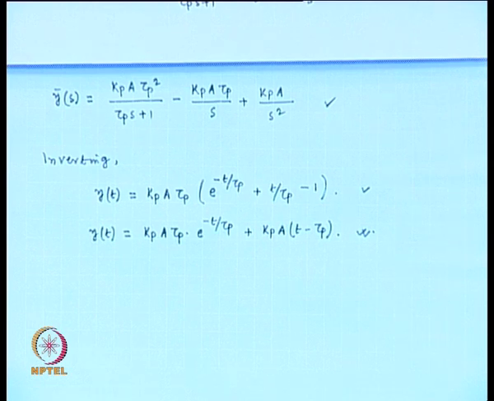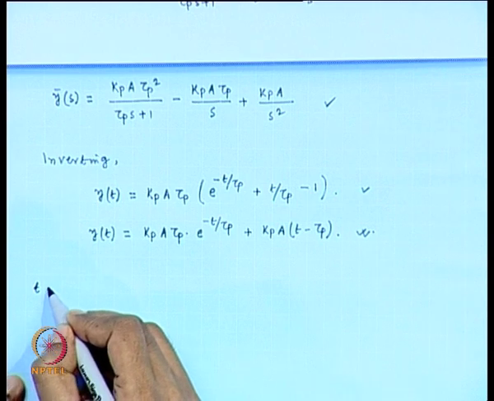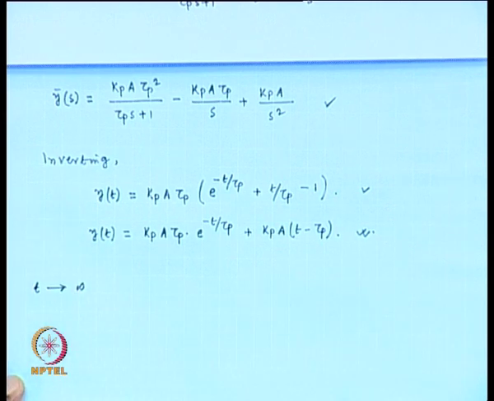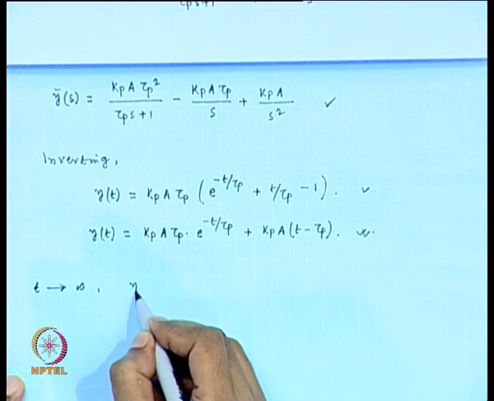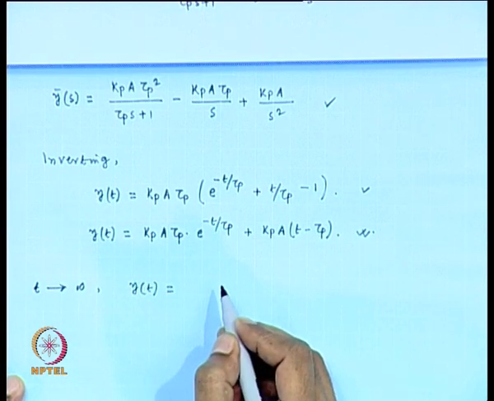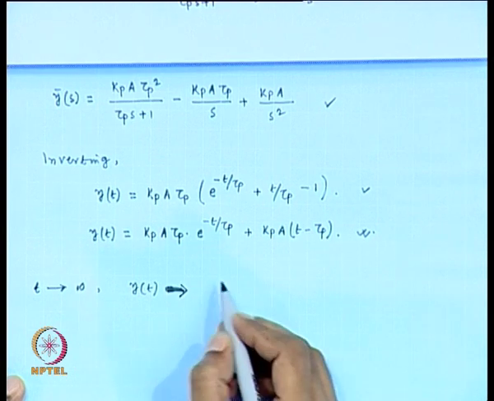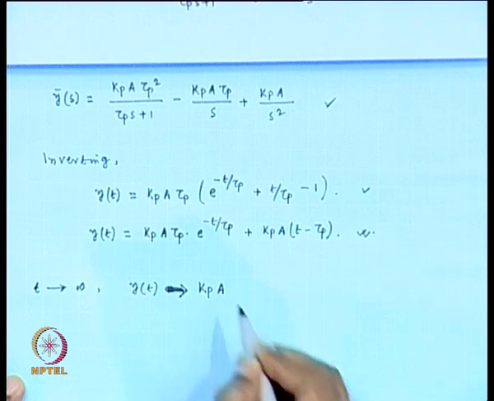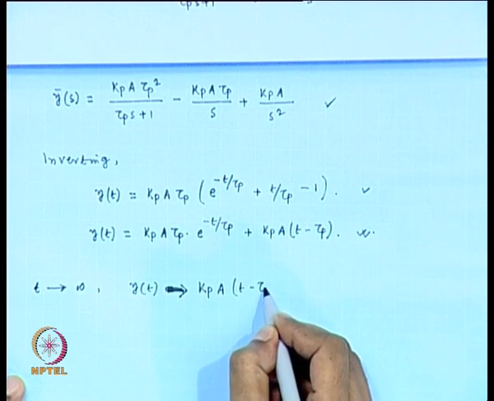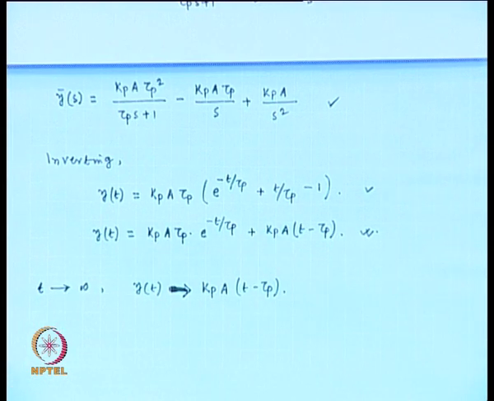Now, we will consider one case, that is t tends to infinity. If we consider t tends to infinity, then y of t becomes K p a times t minus tau p. That means we can say that the ramp input yields a ramp output with slope K p a.